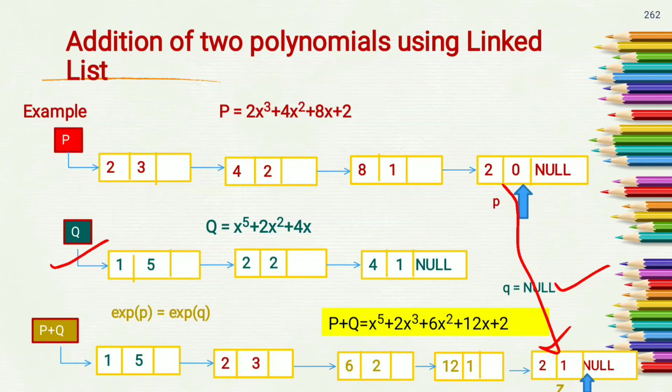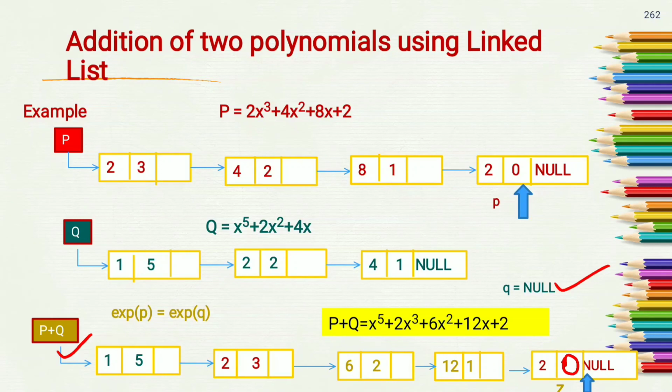That means the coefficient value of P into the coefficient field of Z and the exponent value of P into the exponent field of Z, and put null into the link field of this node. Here the value of the exponent in this node is 0. So finally we get the linked list representation of the P plus Q polynomial.